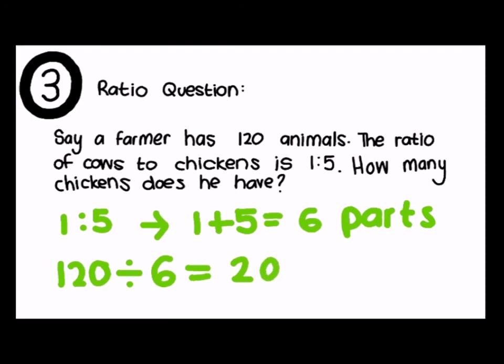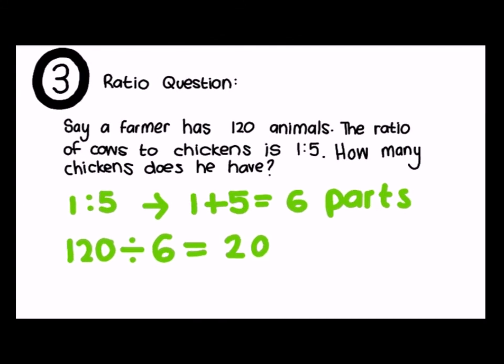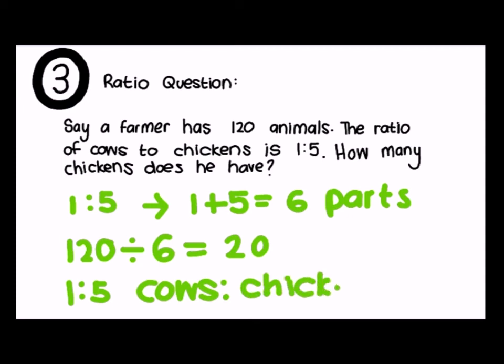The next step is we've got our 6 parts, and the farmer wants to know how many chickens he has, and also how many cows he has. So if we look at the ratio, we've got 1 to 5, and that is cows to chickens. So all we do is we multiply by this part that we got.